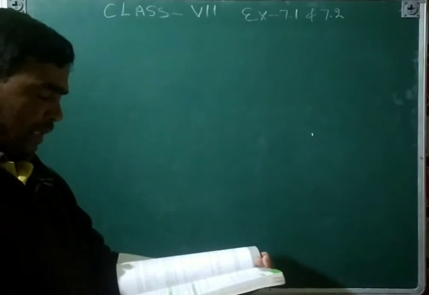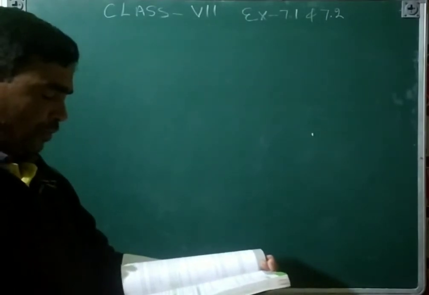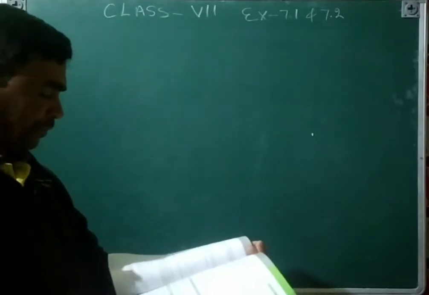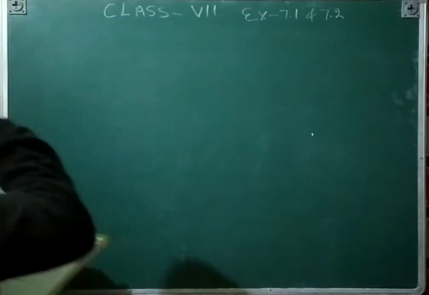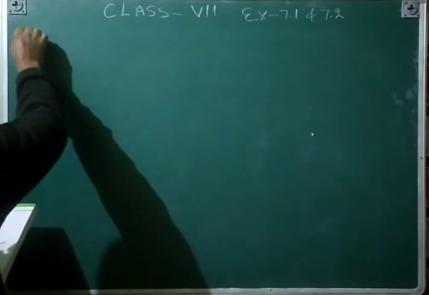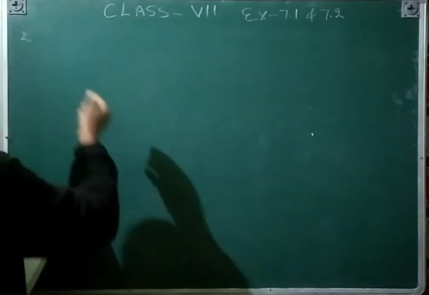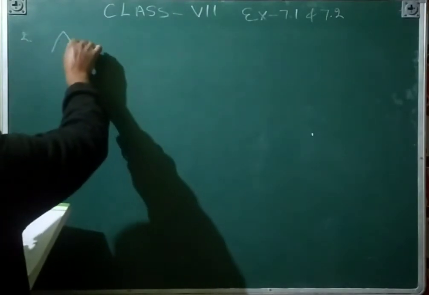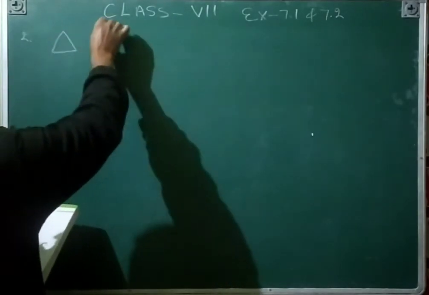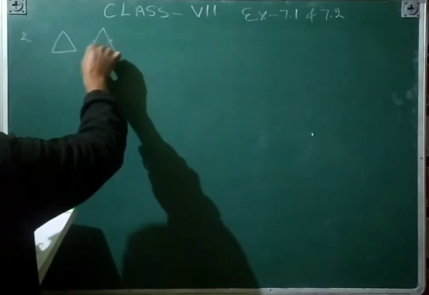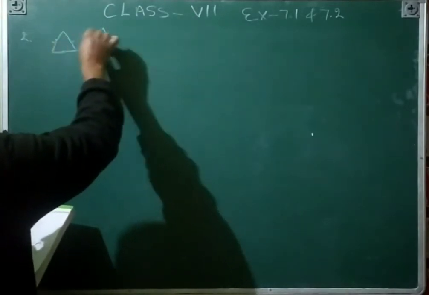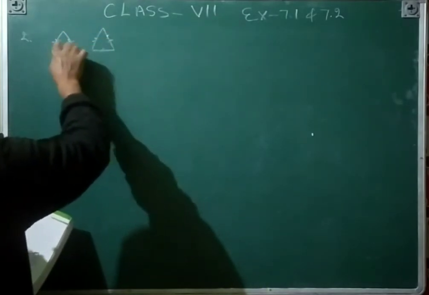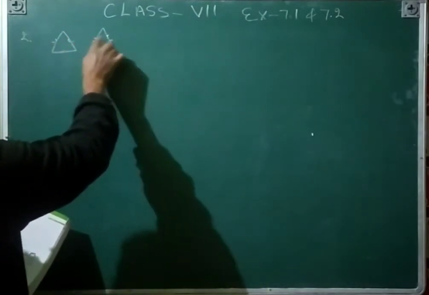Second question, give any two real-life examples of congruent shapes. So congruent shapes means there will be two examples. Like this you can say two triangles, and then this side equal, this side equal, this side equal.